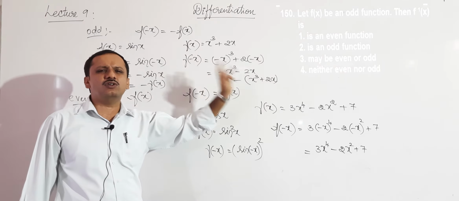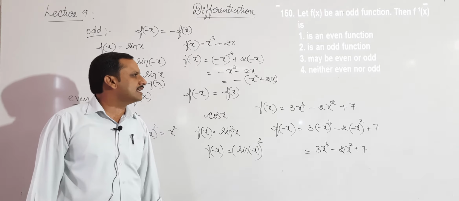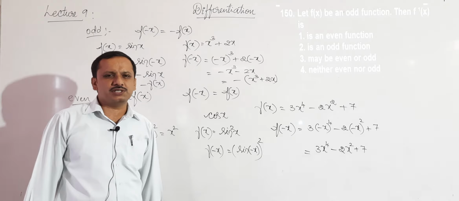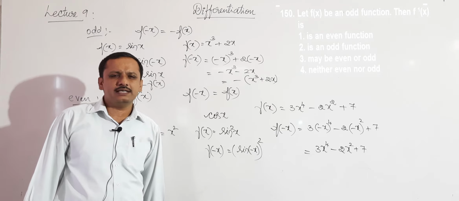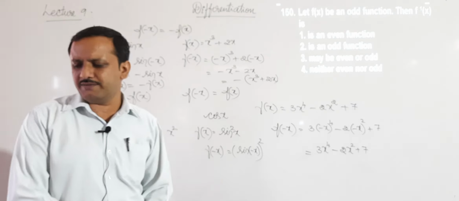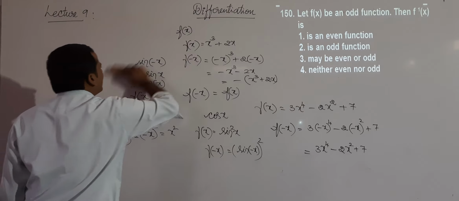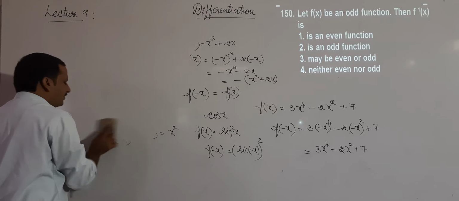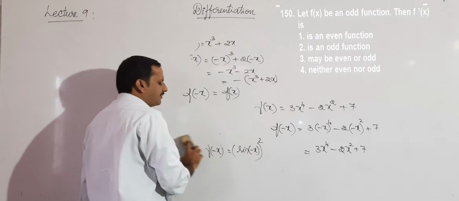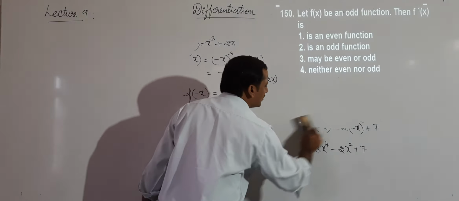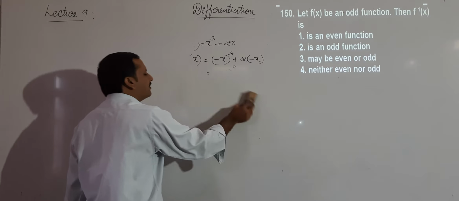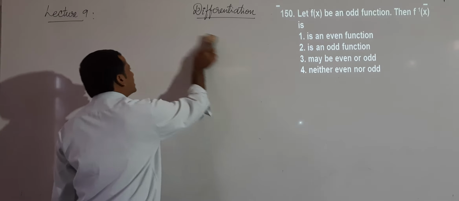F of minus x equal to minus f of x. This is another example for an odd function. Okay, is it clear now what is an odd function and what is an even function? Now you remember this: f of minus x equal to f of x, that means it is an even function, and if f of minus x equal to minus f of x, then f of x is called an odd function.